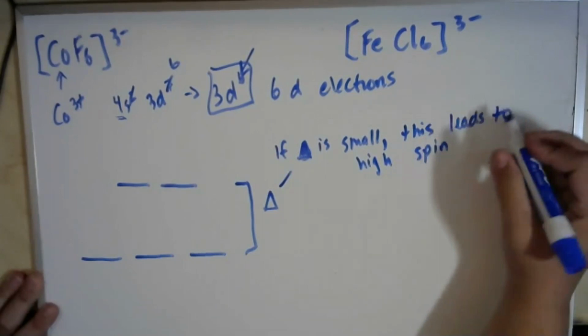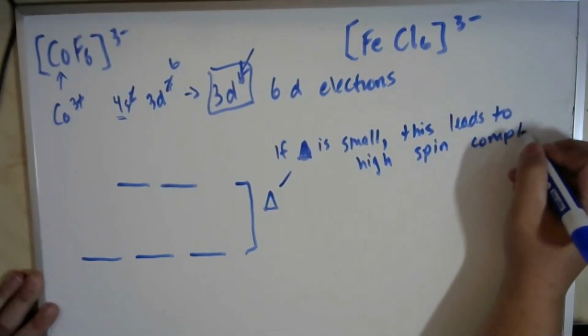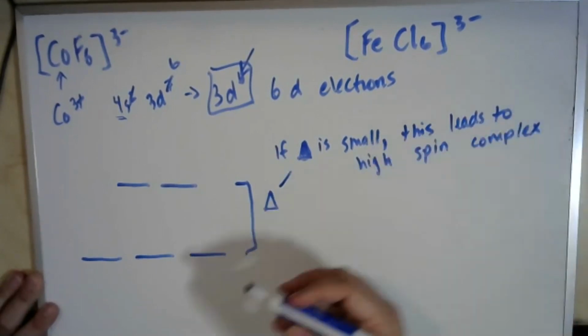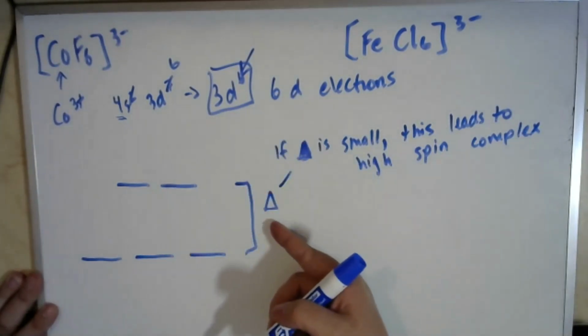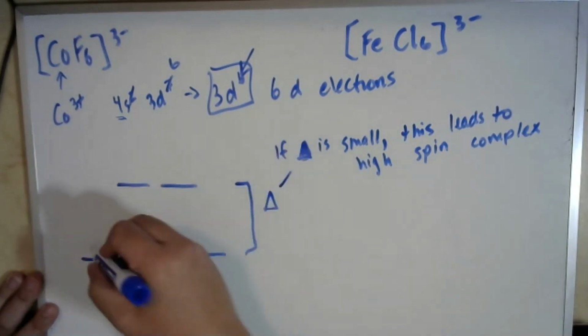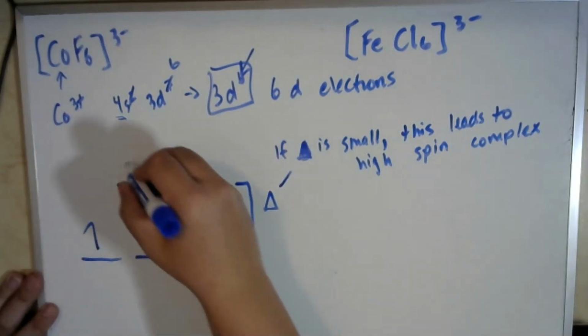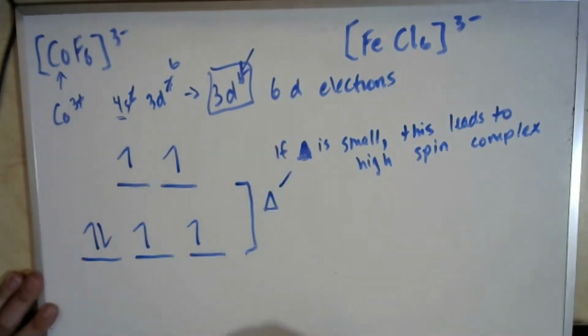And they're called high spin complexes because say that you have 6 electrons here, right? So if your delta value is very small, then those 6 electrons are going to spread all the way out as much as possible, right?